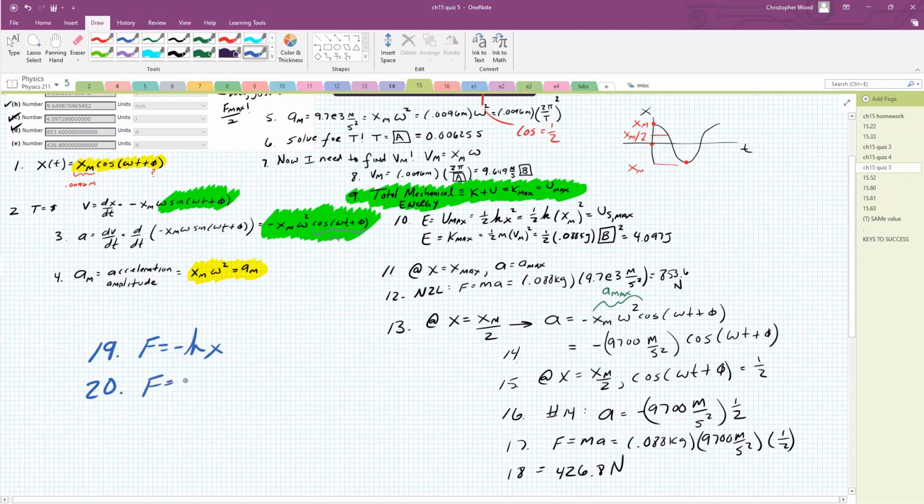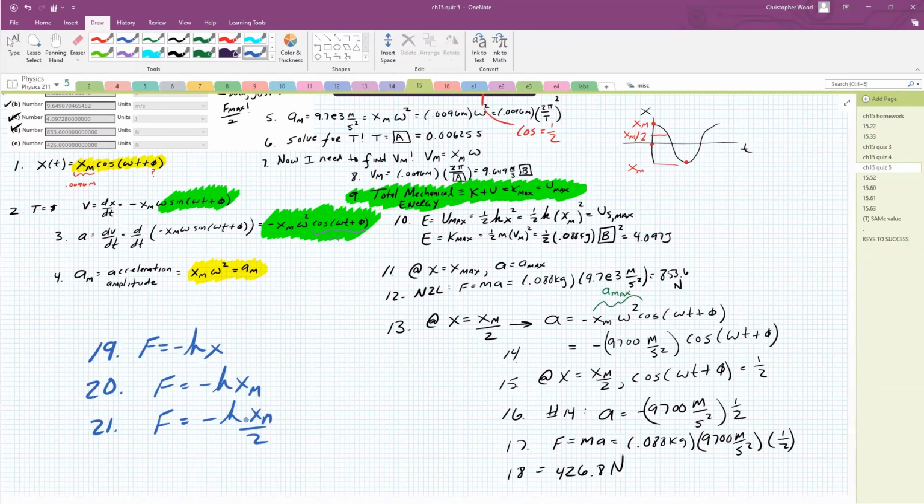So F equals minus k times XM, or F equals minus kx. Yeah, I think you're right. That is a much simpler way of getting the same result, and there's nothing wrong with that. Normally I would say, well, that's not quite the same. But it is a simpler and better approach.